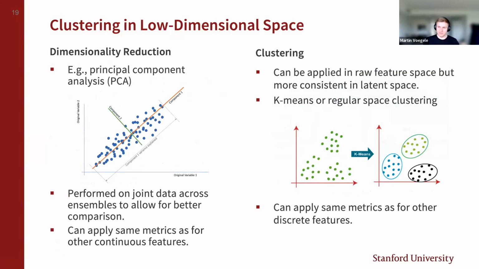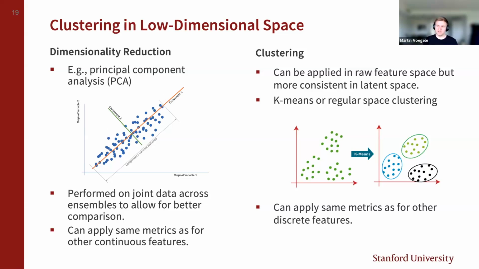Also, we can use some very basic methods from unsupervised learning, like dimensionality reduction. We can calculate the principal components in the space of our features, and then get the main components that describe most of the motion that is going on.